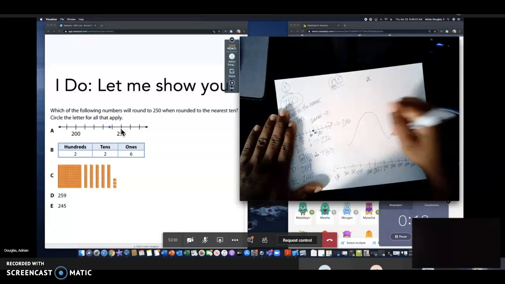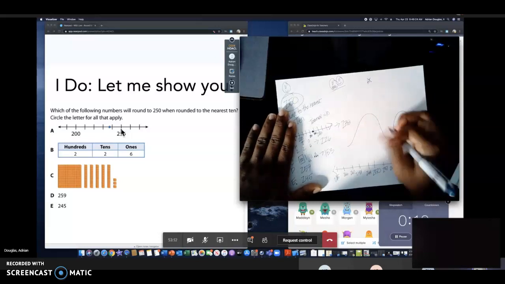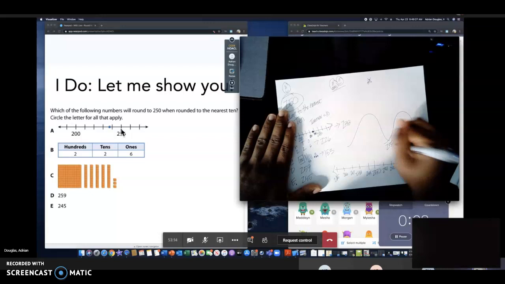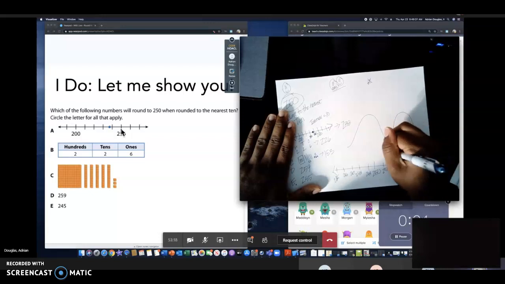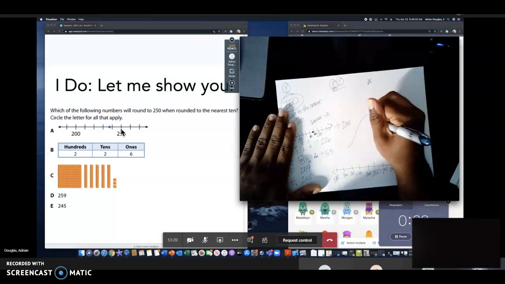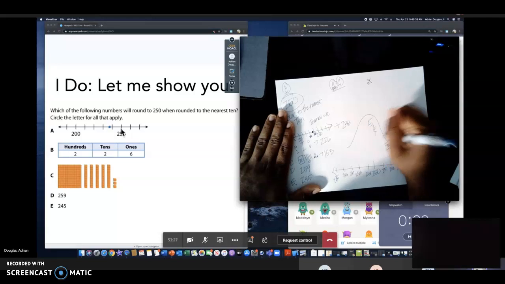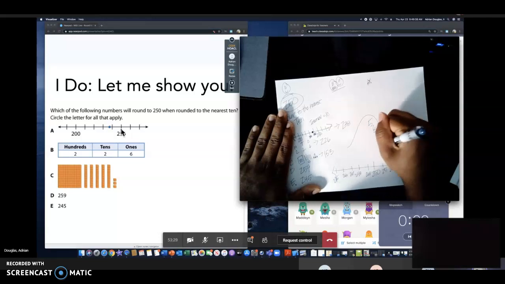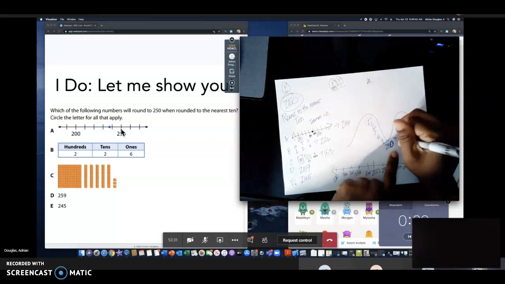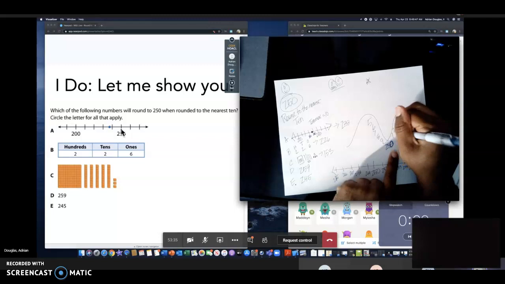I'm going to draw those visuals that we would use. I'm going to place 250 right in the middle. If I'm looking for a number to round up, it's going to be 5, 6, 7, 8, 9. And if I'm looking for a number to stay the same or round down, it's going to be 1, 2, 3, 4.